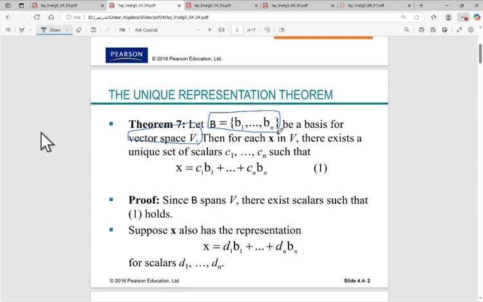It implies that any vector in V can be written as a linear combination of B1 to Bn. Right? This is the definition of span. When B1 to Bn span V, it means that any vector like X in V can be written as a linear combination of B1 to Bn.